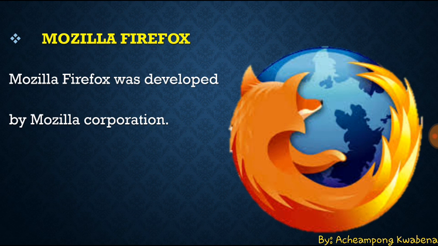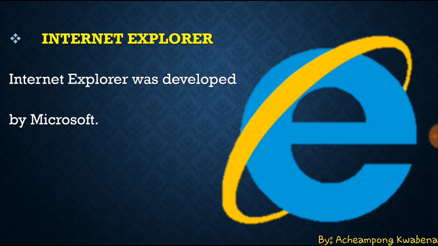Now let's have a look at the next one. We have Internet Explorer. This is also a familiar web browser, mostly seen on desktop computers. After installing an operating system, this browser comes as a default browser, meaning it comes with the operating system.